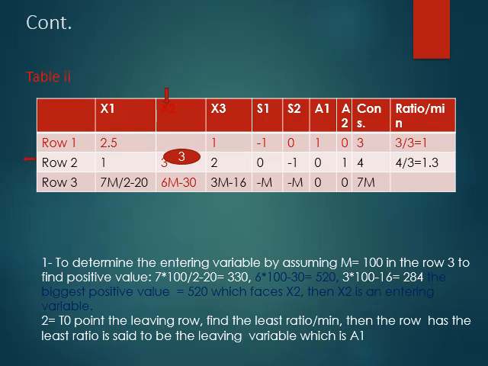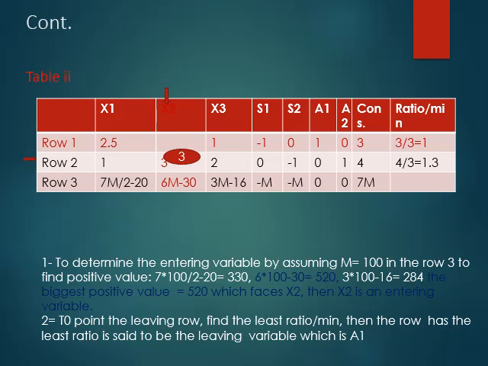Second step is to point the leaving row. To point the leaving row, just look at the column of constants and the column of x2, the entering variable.